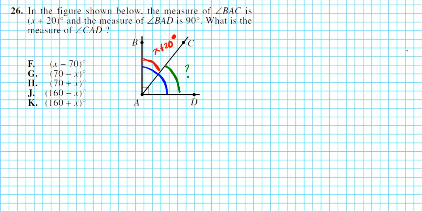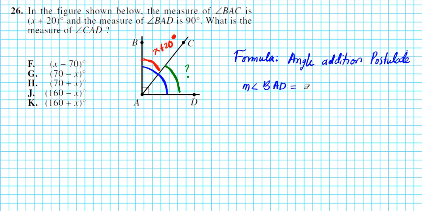Alright, let's write down the formula that's going to guide our problem solving process. This is known as the angle addition postulate from geometry. What does that tell us? Well, it tells us that the measure of angle BAD, the entire combination of the two angles, is equal to the sum of the two angles that make up the combination.